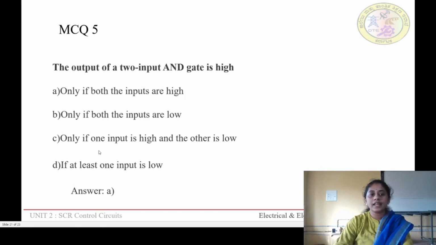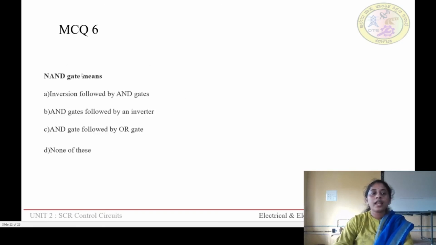That is answer A. Next question, NAND gate means: option A, inversion followed by AND gate. Option B, NAND gate followed by an inverter. Option C, AND gate followed by OR gate. I hope you guessed. The answer is AND gate followed by an inverter.